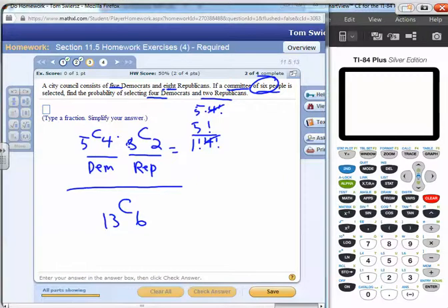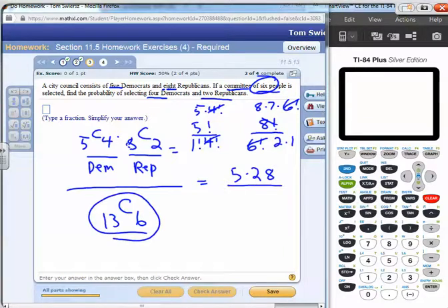And then 8C2 will be 8 factorial over 8 minus 2, which is 6 factorial, times 2 times 1. The 8 factorial, 8 times 7 times 6 factorial, the 6 factorials cancel. And then 8 times 7 is 56, divided by 2 is 28. So the numerator is going to be 5 times 28.